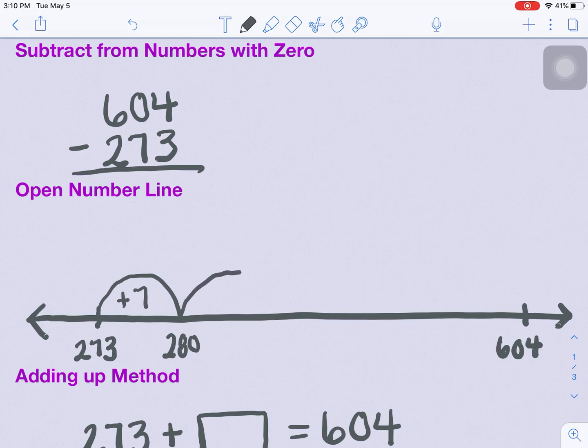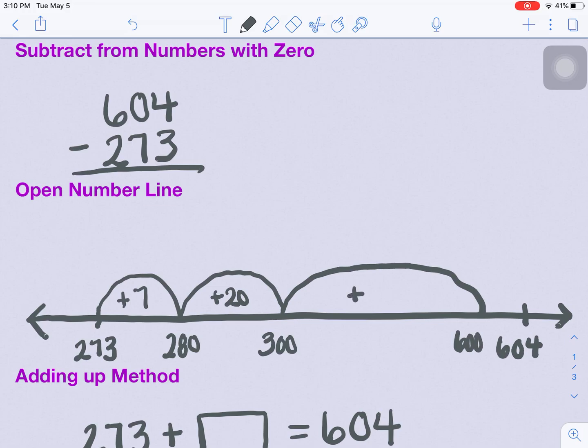From 280, I add 20 to get to 300. From 300, the nearest 100 is 600, so 300 plus another 300 gets me to 600. Then I just have to go from 600 to 604.